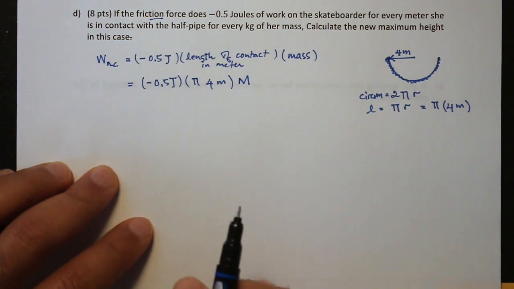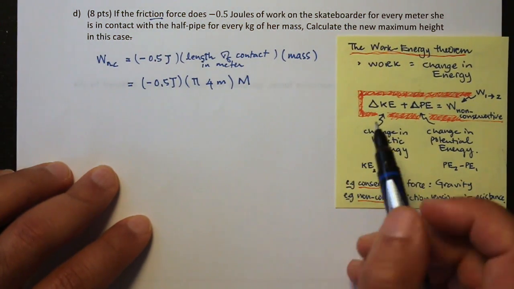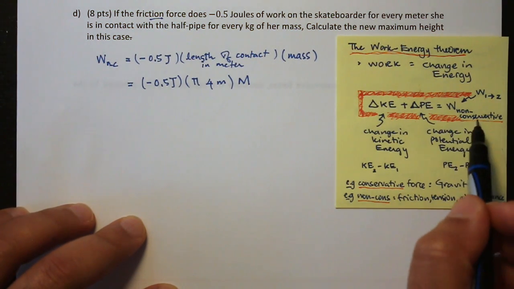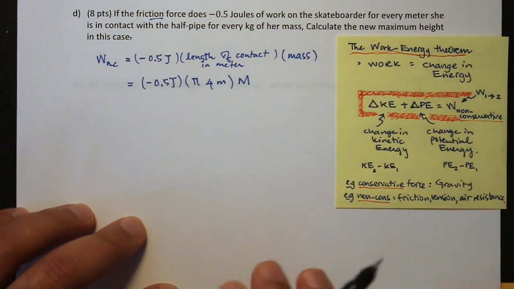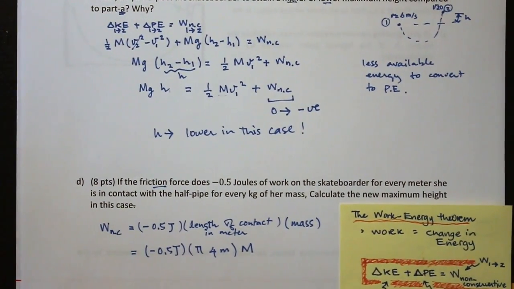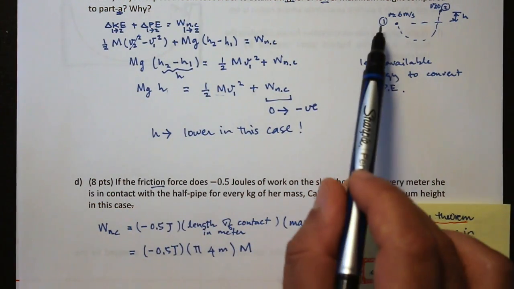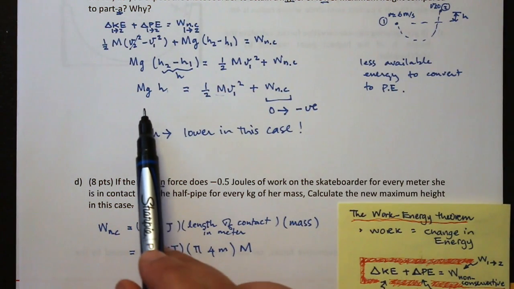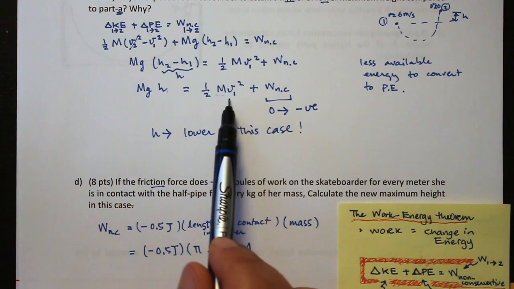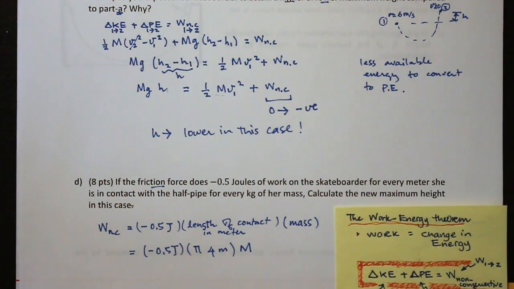So if I then go and plug in to the work energy theorem, I say the change in kinetic energy plus the change in potential energy is equal to the work done by non-conservative forces, which is exactly what I said up here in part C. And I discovered that between 1 and 2, mgh is going to be equal to half m v1 squared plus the work done by non-conservative forces.